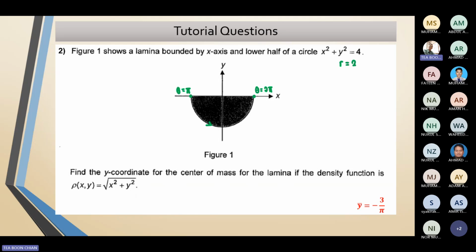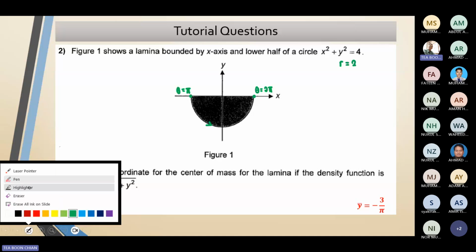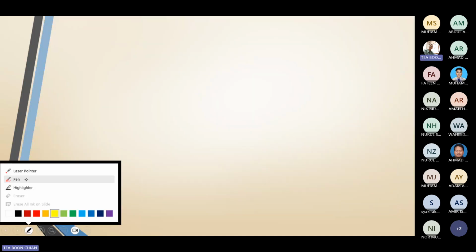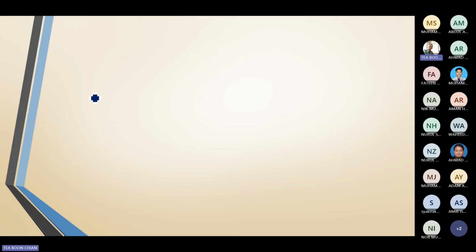Now, by the formula for the y-coordinate of the center of mass of lamina, the question requests the y-coordinate, which means we are looking for this integration. y bar equals 1 over M, double integral, variable y multiplied by the density function of xy with respect to area.